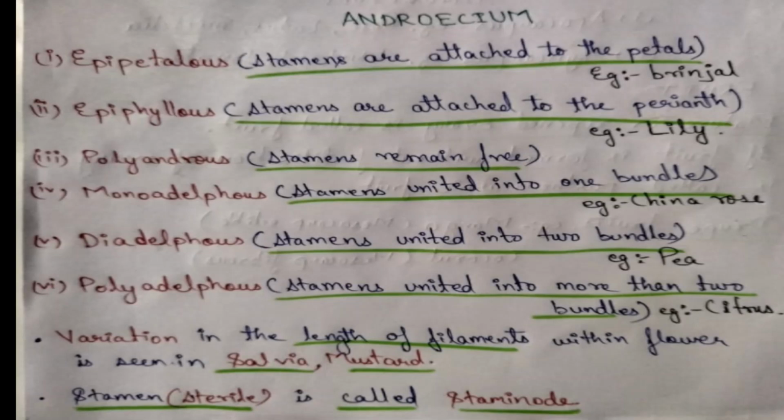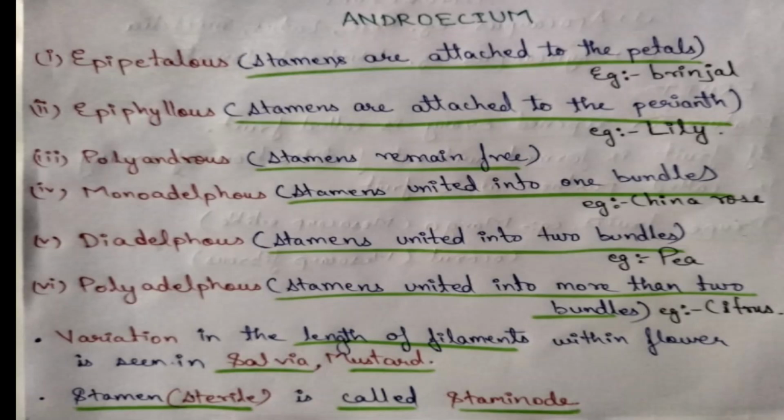Next we have androecium, and there are many terminologies we would like to discuss here. Epipetalous, stamens are attached to the petals, example is brinjal. Epiphyllous, stamens are attached to the perianth, example is lily. Polyandrous, stamens remain free. Monoadelphous, stamens united into one bundle, example is China rose.